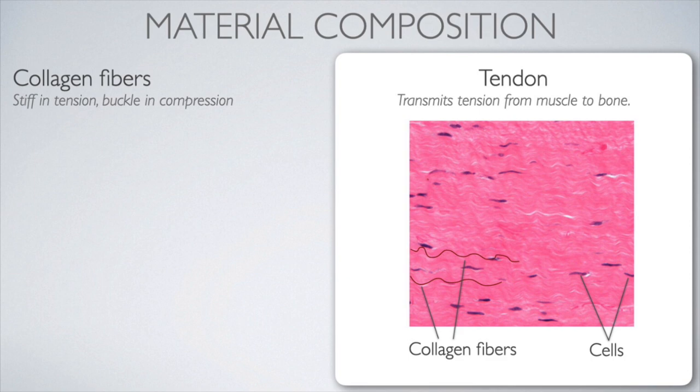And they break down the material and they construct more material. They're constantly remodeling tendons. Tendons will become much more robust under loading. So if you do strength training, then your tendons are going to tend to be stronger by virtue of the work done by these cells.